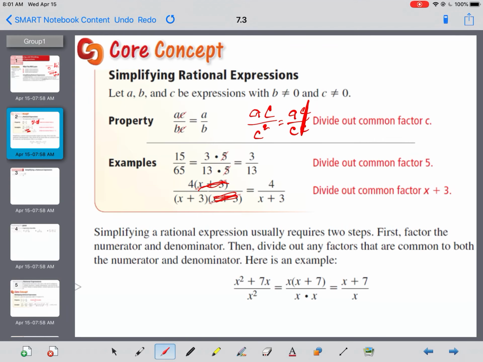These factors just cancel out. That's how we simplify. So it's usually about 2 steps. First, factor the numerator and the denominator, and then divide out the things they have in common.